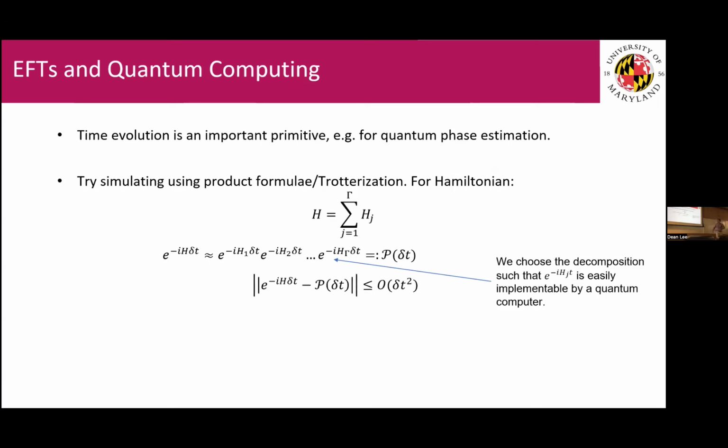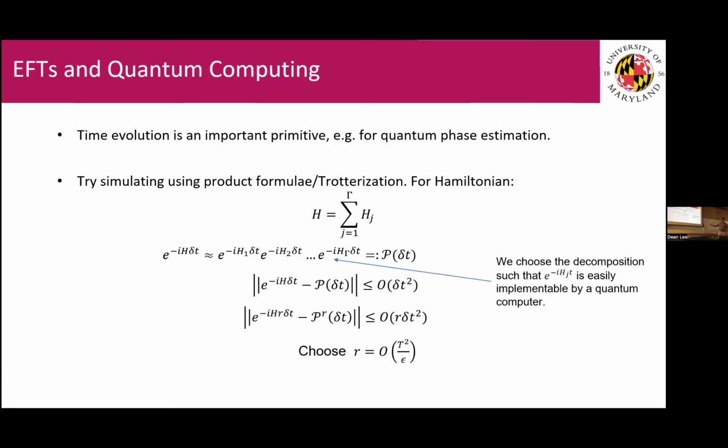And then it turns out, using Taylor expansions and whatnot, that this approximation algorithm has an error that scales something like this. If I take r steps of this approximation algorithm, I get an error scaling as r times delta t squared. If you run through some of the maths, it turns out you need a number of time steps, or repeats of my product formula algorithm, that scales as the overall time to simulate divided by the error.